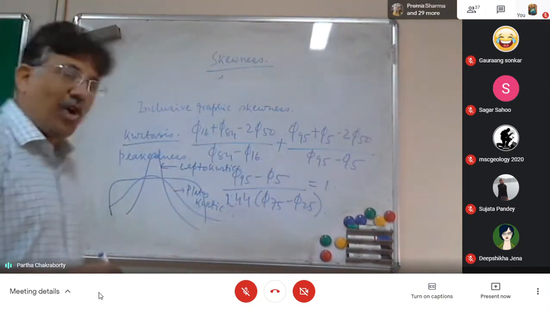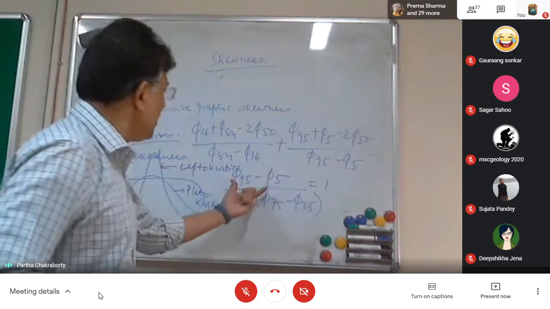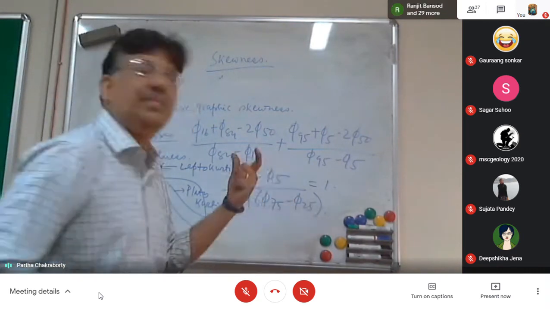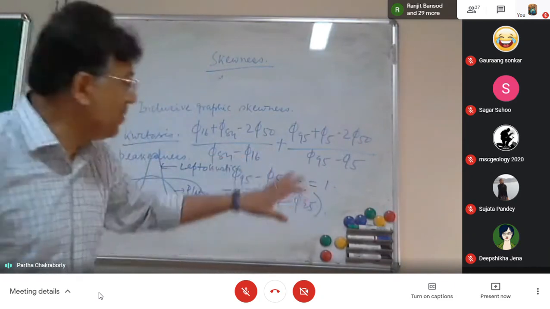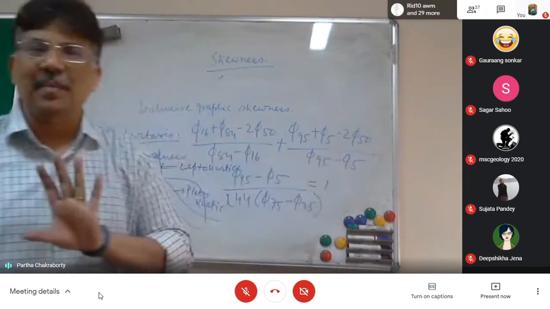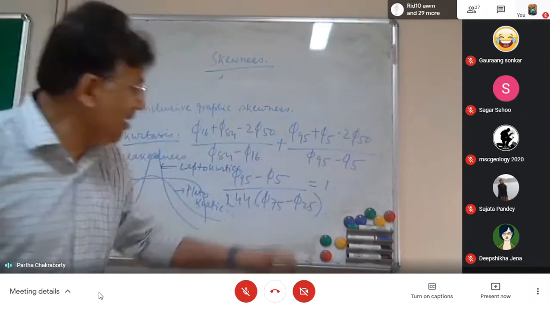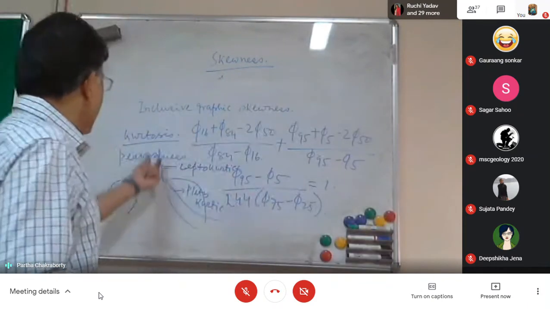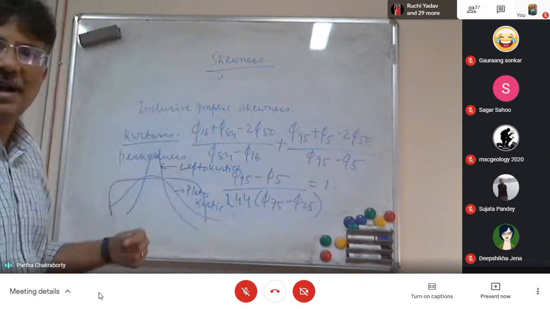Normally, in a normal distribution, the distribution between 95 to 5 should be 2.44 times 75-25. If it maintains this, then the curve is normal. If the central portion is more represented than the extreme portion, you get this shape, you call it leptokurtic.